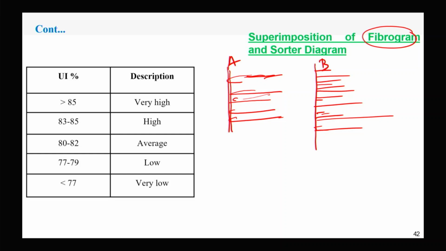Now the shape of the fibrogram of A is normal. This is the shape of the fibrogram. Sorry, this is the proportion, and this is the length, fibrogram.